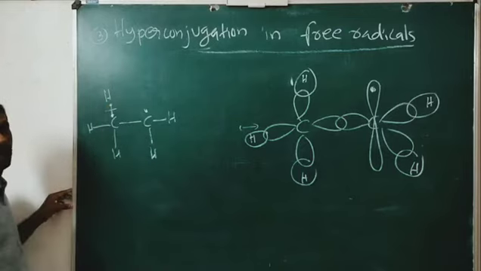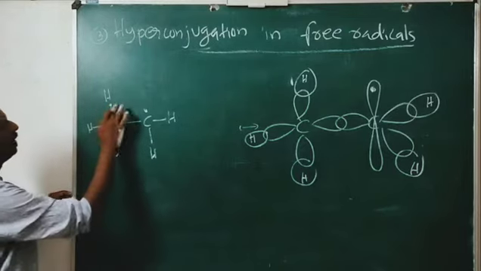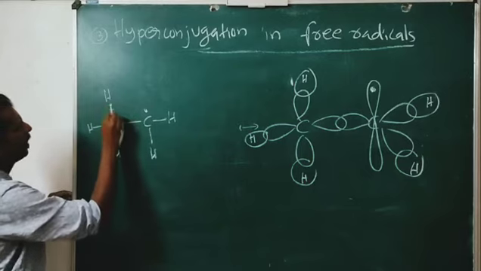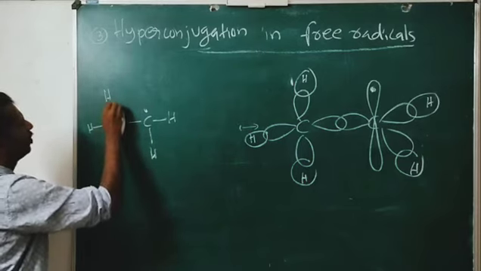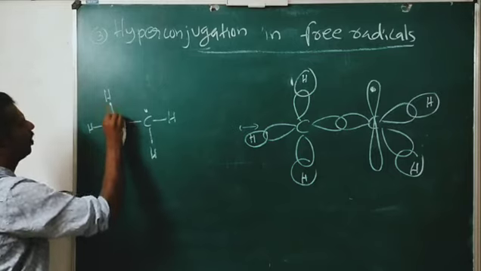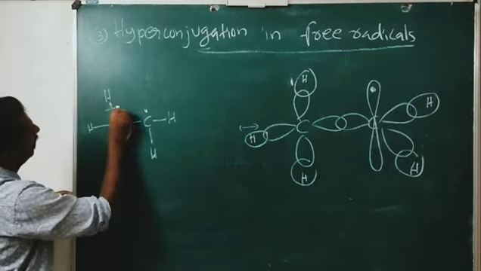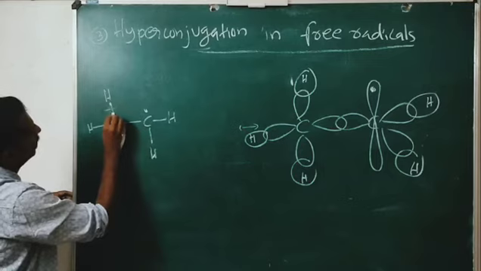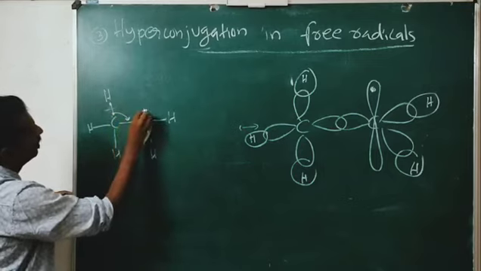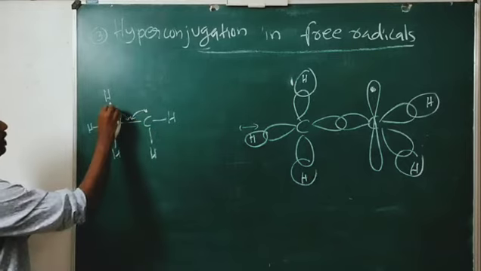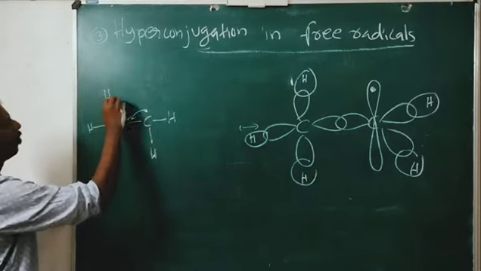Again, this will break homolytically, that means in the middle. This electron will combine with the electron on the radical carbon, and the other electron will go back to hydrogen.